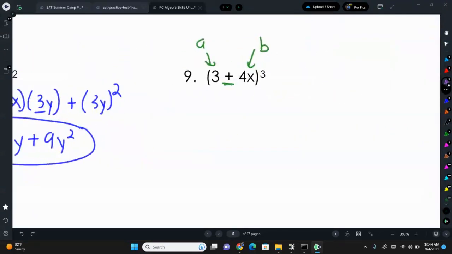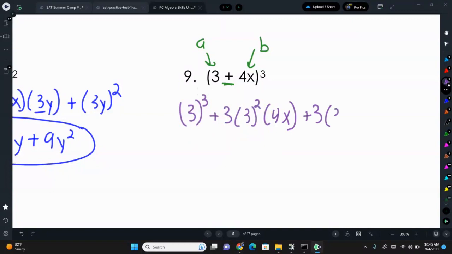All right, so it's going to be a to the third, so 3 to the third, plus 3 times a squared times b plus 3 times a times b squared plus b to the third power. 3 to the third power is going to be 27.